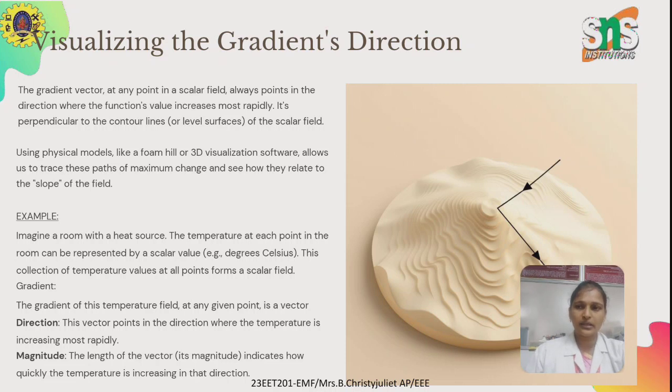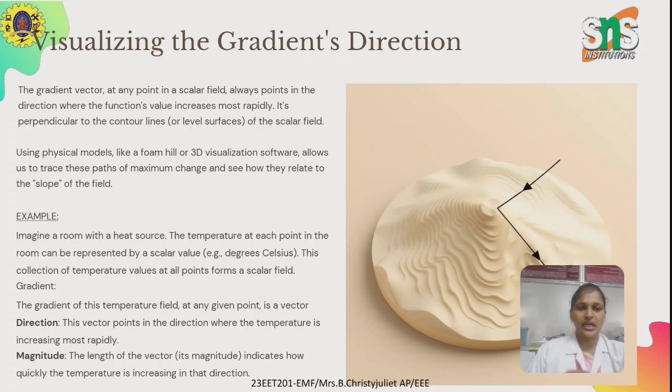Near that heat source the temperature will be high, and far away from that point the temperature will be very low, which is represented by a scalar value. If we take the temperature value at each point, it will yield a scalar value in degrees Celsius. This collection of temperature values at all points forms a scalar field, and this will result in a gradient.